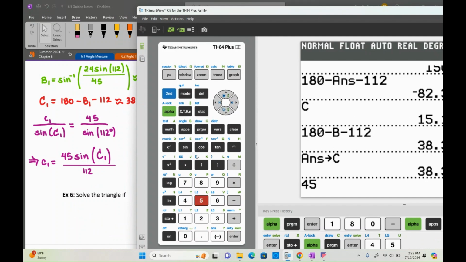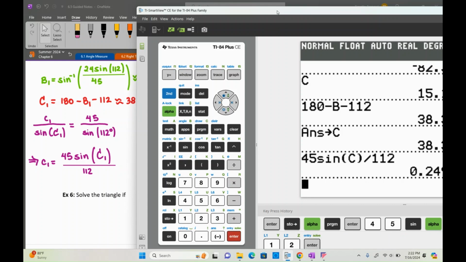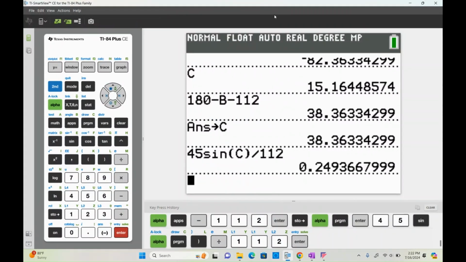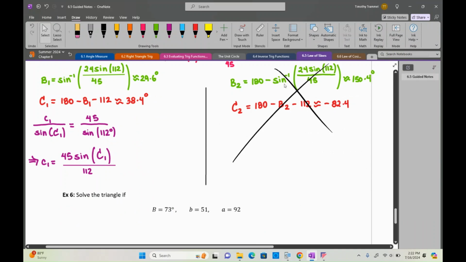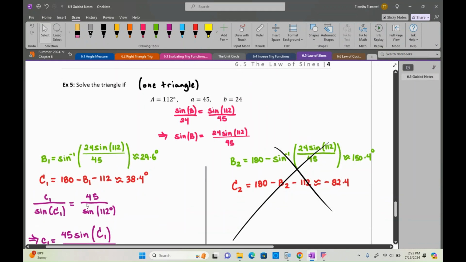I can say 45 sine of C divided by 112. And so when we do that here, we're getting about point. Let's see. Let me double check my work here. Yeah, we're getting a very small answer here.